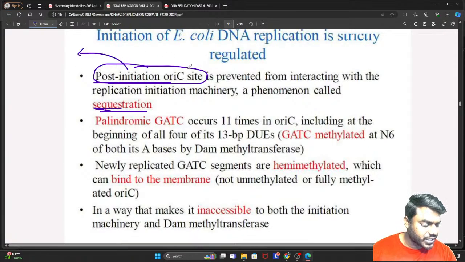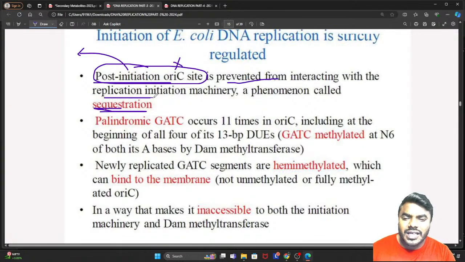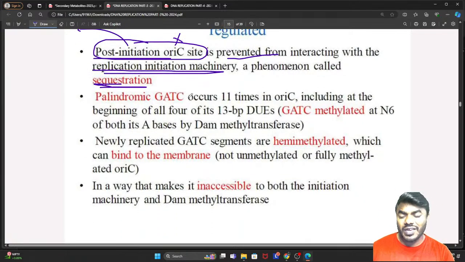After the initiation, it is very important that we block this particular ORC. Now tell me, why am I blocking the ORC? By that, I can prevent it from interacting with the replication machinery, and this process we call the sequestration process.